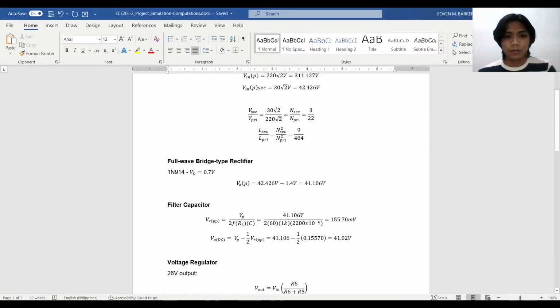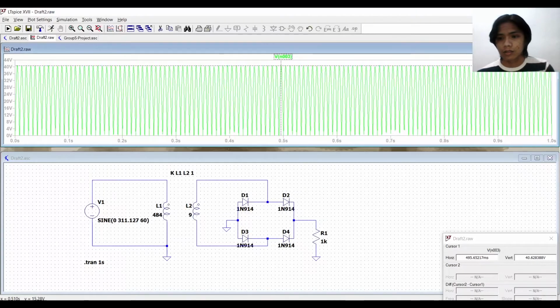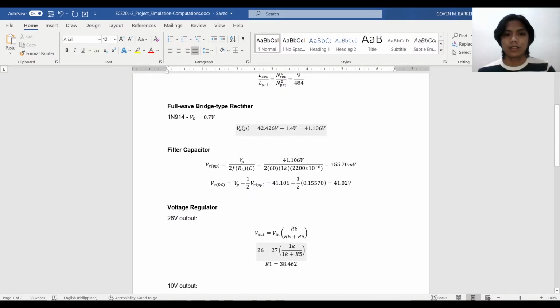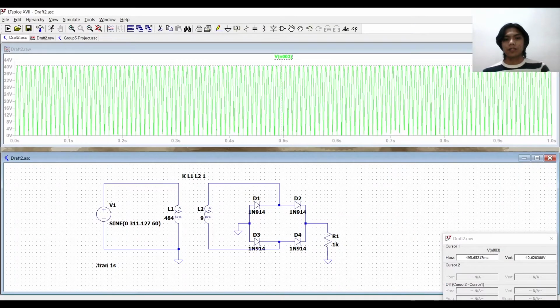And so here we have shown in this calculation that the input, which is the one that I have shown you earlier, will be subtracted by a value of 1.4 volts.